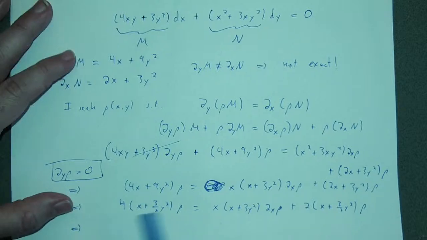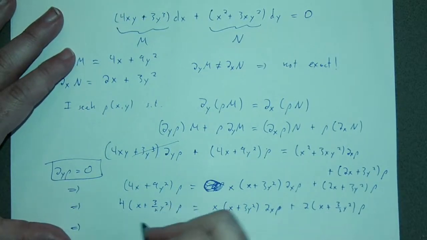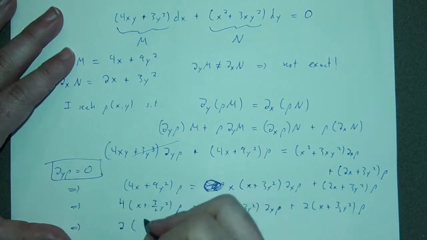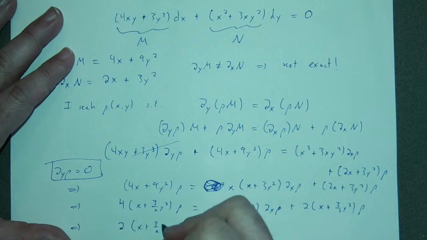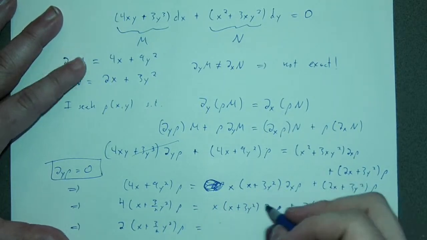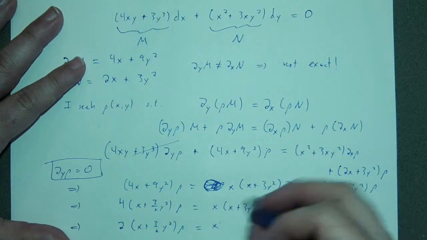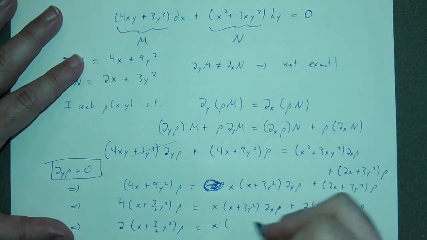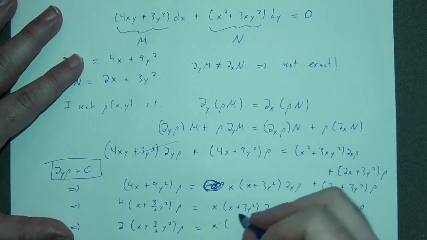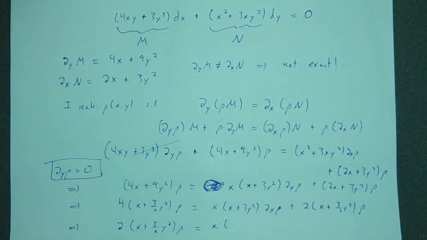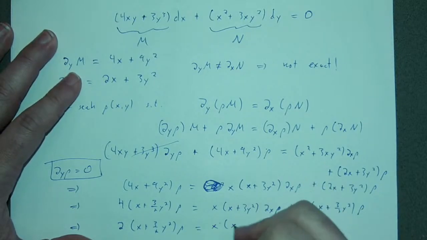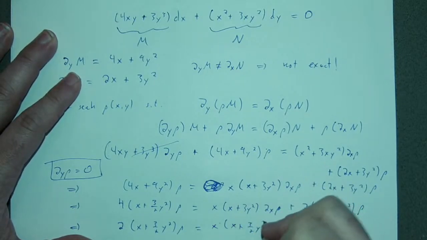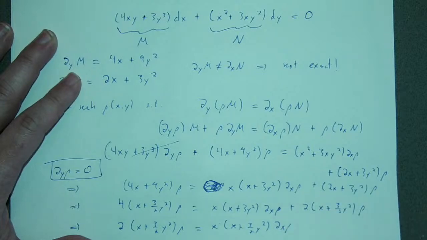I get 2 times x plus 3/2 y squared rho is equal to x times x plus 3/2 y squared times the x partial of rho.